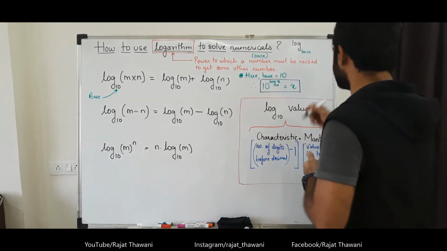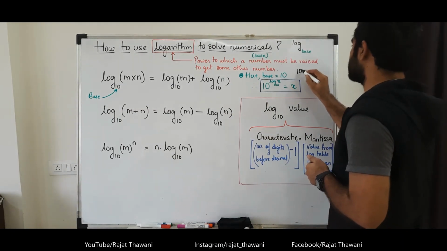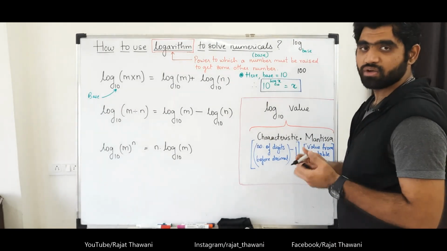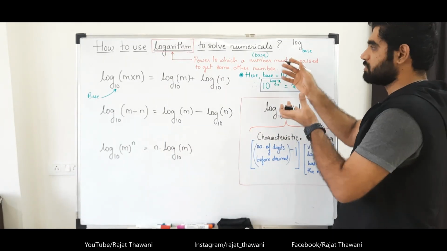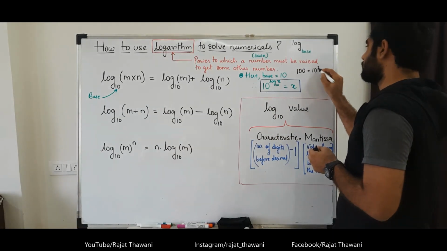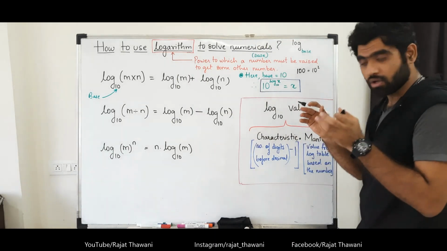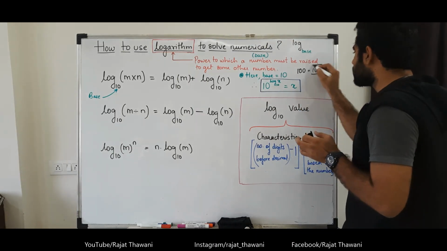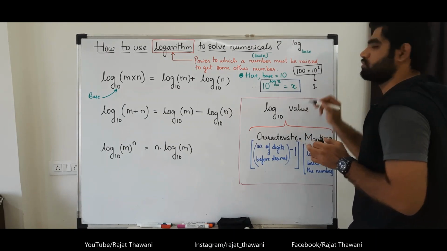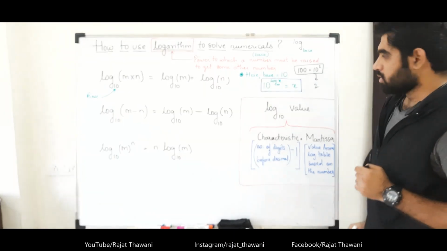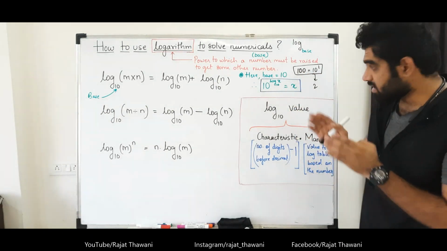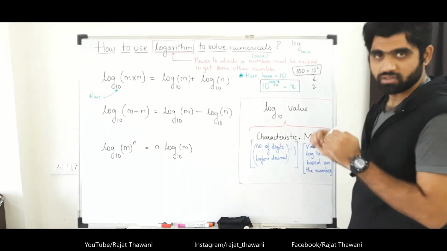For example, what will be the logarithm of 100? I just represent it in the form of exponents or powers. So it will be 10 raised to 2. When we find the logarithm of 100, since 10 raised to 2 is 100, the answer is 2. It means I can write log of 100 is 2. So try to understand the concept behind logarithm.